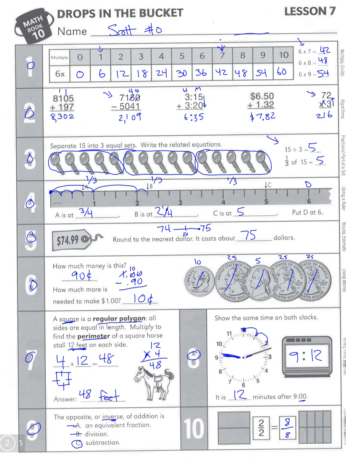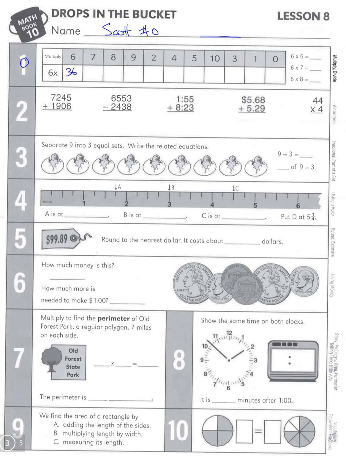If you need to, you could look back to yesterday's just to verify that you're correct. But here we go. So 6 times 6, 36. 6 times 7 is 42. 6 times 8, 48. 6 times 9, so these actually are in order so far, 54. 6 times 2 is 12. 6 times 4, 24. 6 times 5 is 30. 6 times 10, 60. 6 times 3 is 18. 6 times 1 is 6.